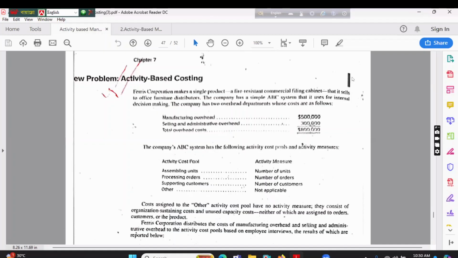Earlier we mentioned in ABC, product cost includes direct manufacturing overhead and direct non-manufacturing overhead or non-manufacturing cost.